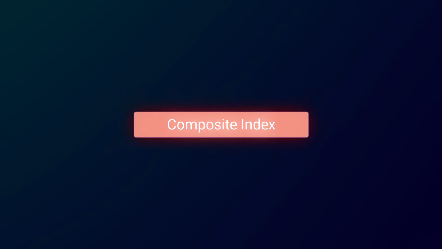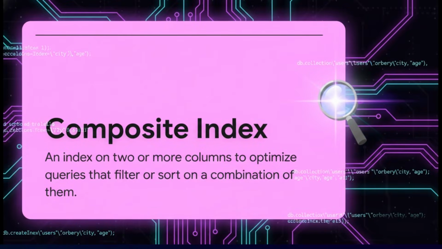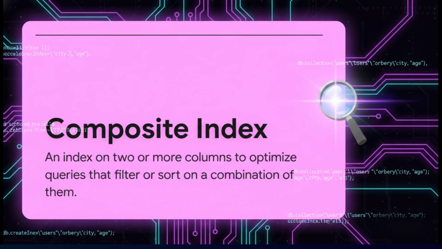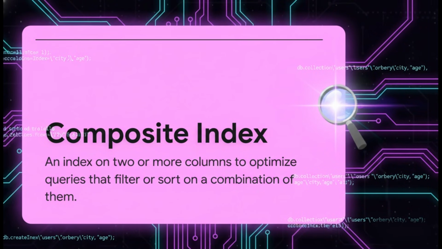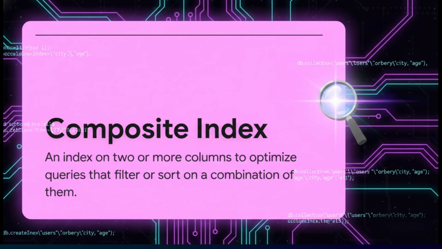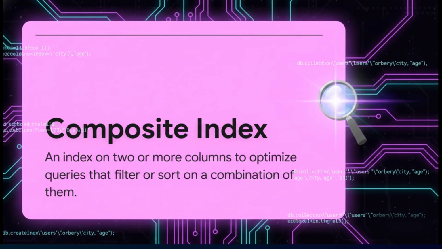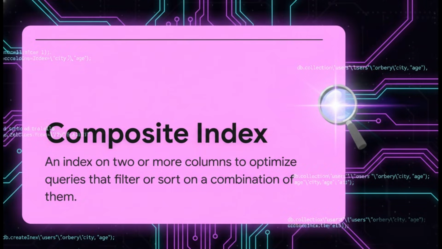A composite index is a database index created on two or more columns of a table. It's also known as a multi-column index. Instead of speeding up searches on a single column, it optimizes queries that filter or sort data based on a combination of those specific columns.